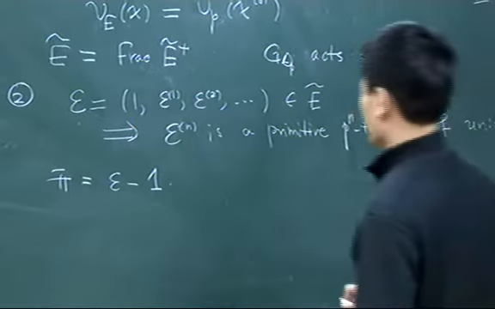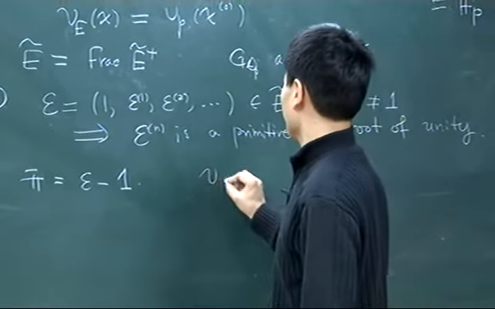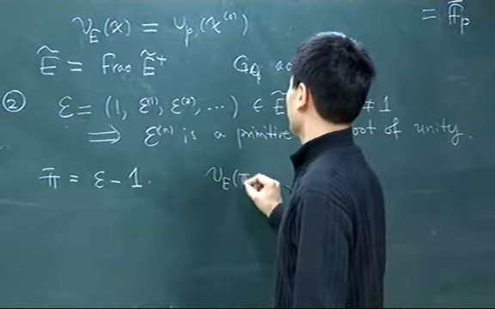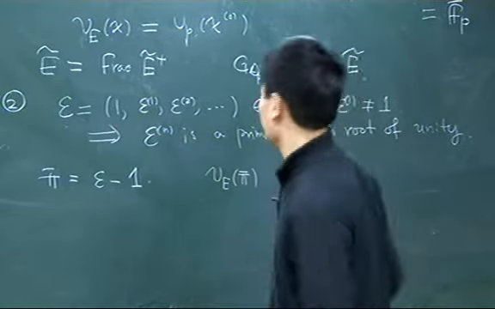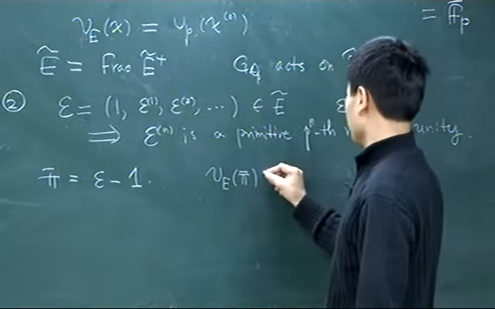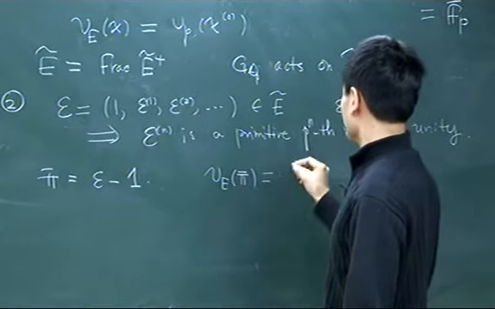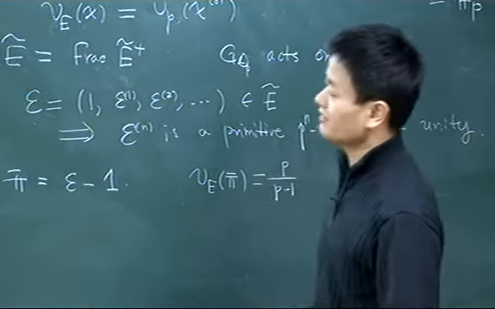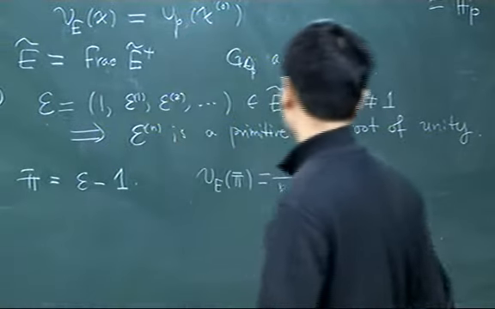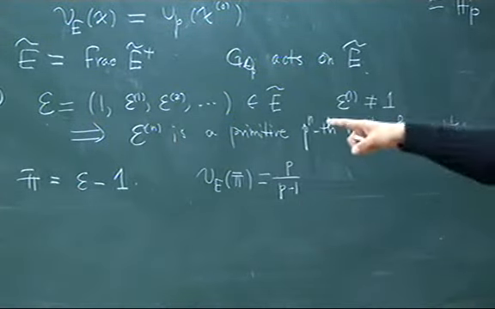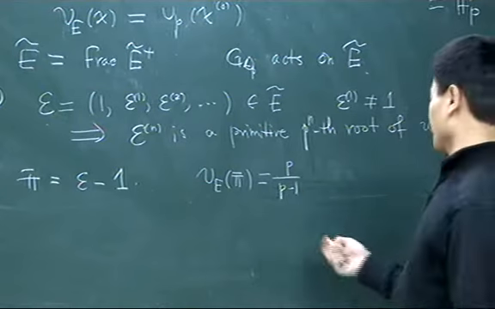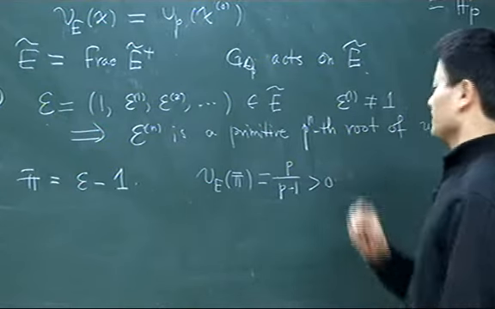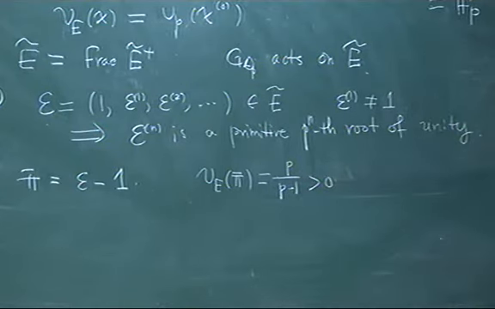Now it's an exercise: you can find this. Epsilon certainly is a unit, but for this one you can find the valuation is p over p minus 1. You need to use this formula to find it. So this is p over p minus 1, which is bigger than 0. These are the two elements.